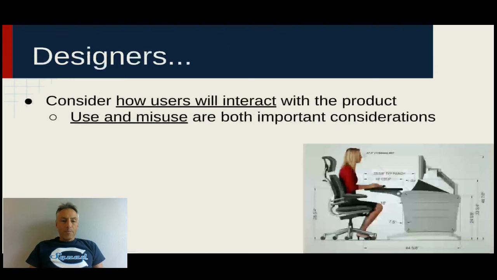When you're designing, you need to consider how users will interact with the product. Okay, this is assuming that they are going to use it correctly, and we also need to make some assumptions on how they might use it incorrectly. Okay, so we need to design these products to be foolproof. You don't want to be sued as the designer because somebody mistakenly used your product in an incorrect way and ended up hurting themselves, because that will happen.